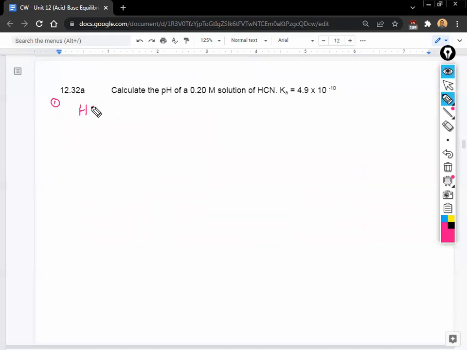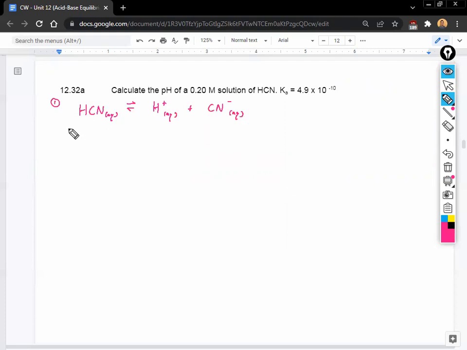So we're gonna write HCN and assume this is aqueous. It's going to be an equilibrium. Here we're just separating the H plus from the conjugate base. So it's going to be H plus and CN minus. This is the equilibrium that we're going to be working with.